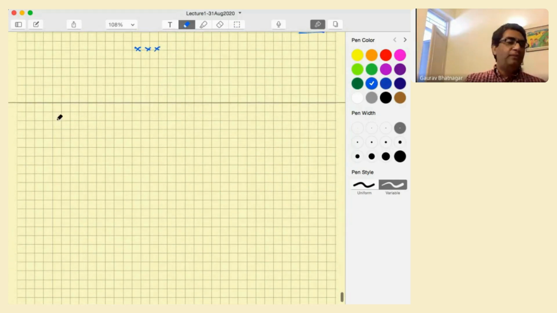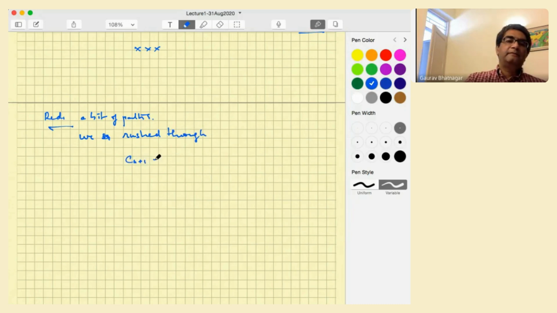And today I want to just begin by redoing a bit of paths. I think we sort of rushed through this, so let me just explain this.